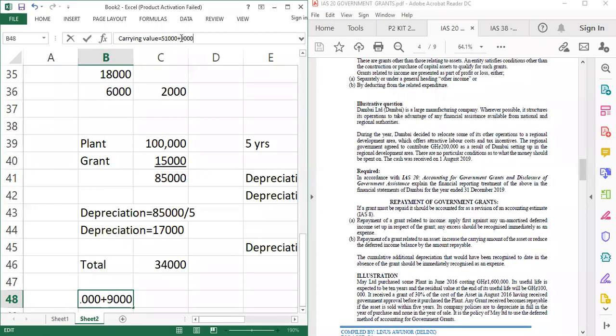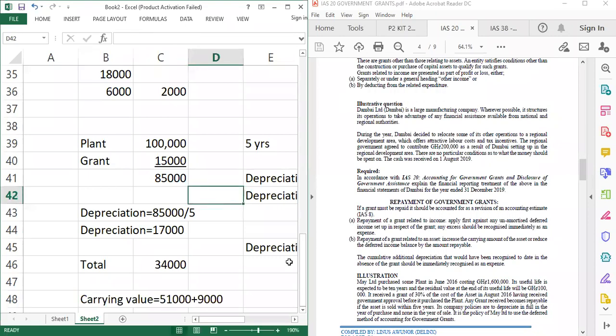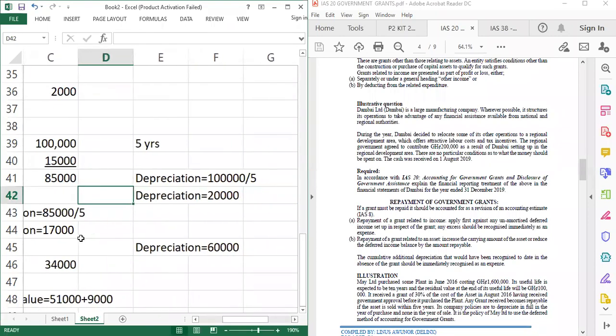Okay. When the grant was taken, what was our annual depreciation? 17,000. When the grant was not taken, what should have been our annual depreciation? 20,000.